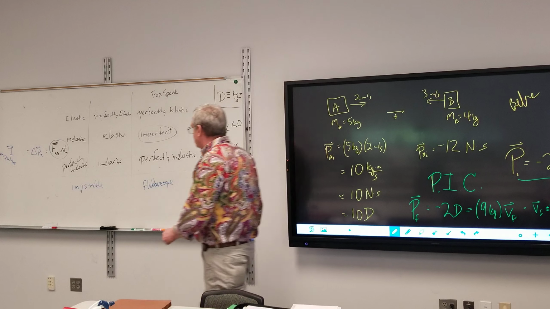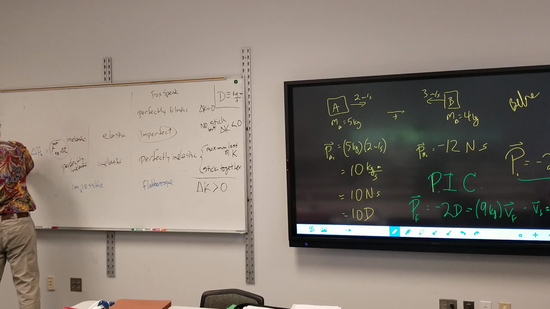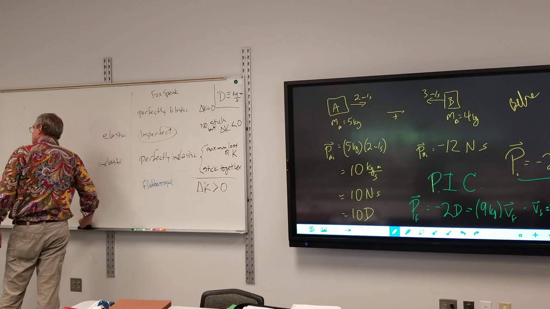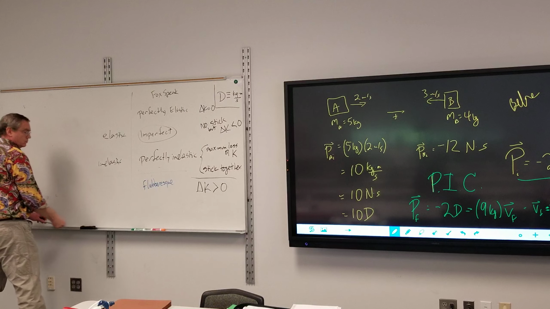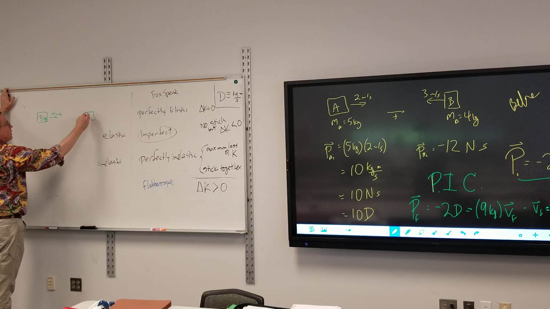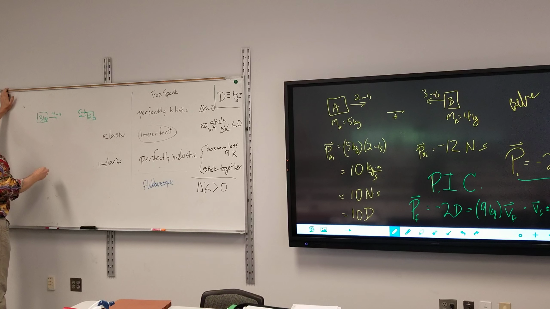Let's just do a quick and dirty problem for you. So if I have a 3 kilogram mass going to the right at 4 meters per second, and I have a 2 kilogram mass going to the left at 5 meters per second, that's pretty much the same problem.